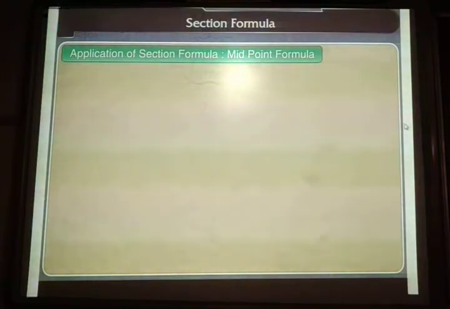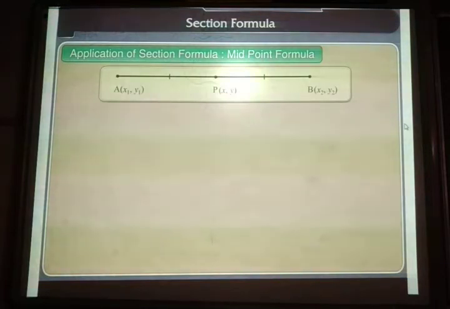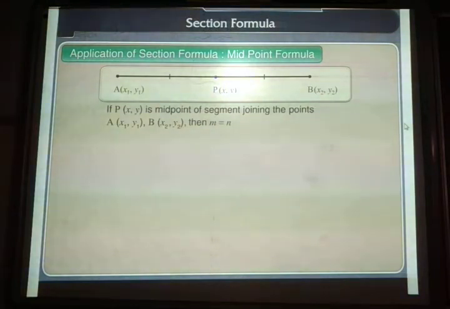Application of section formula. Midpoint formula. By using the section formula, we can get the coordinates of the midpoint of a segment. If P (x, y) is the midpoint of the segment joining the points A (x1, y1) and B (x2, y2), then m is equal to n.